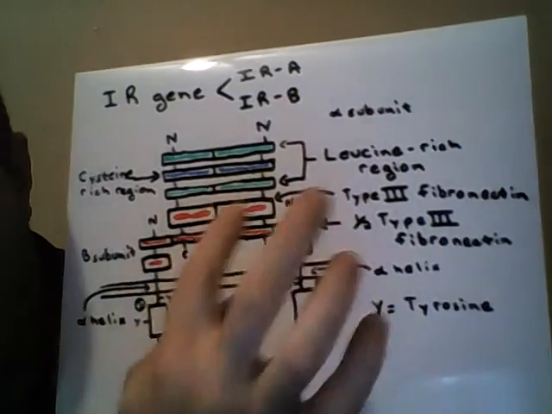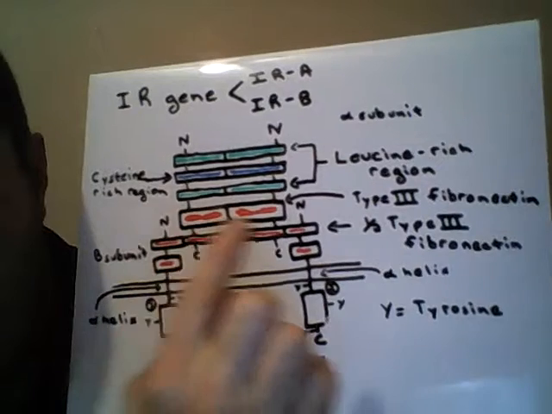Then the next one down here is the type 3 fibronectin. One thing I want to say about fibronectin is that fibronectin comes in subunits, and you'll see fibronectin a lot with integrins, used to stick to collagen in the extracellular matrix that holds cells in place.